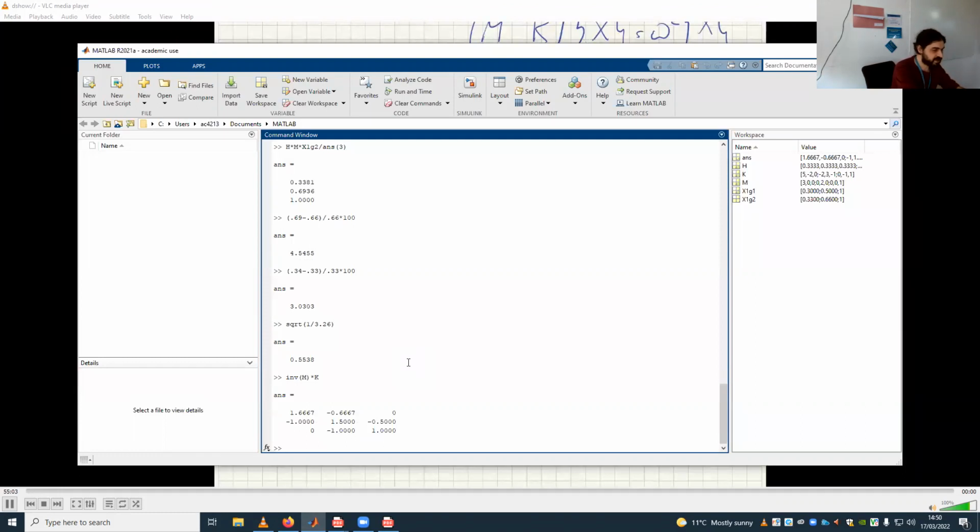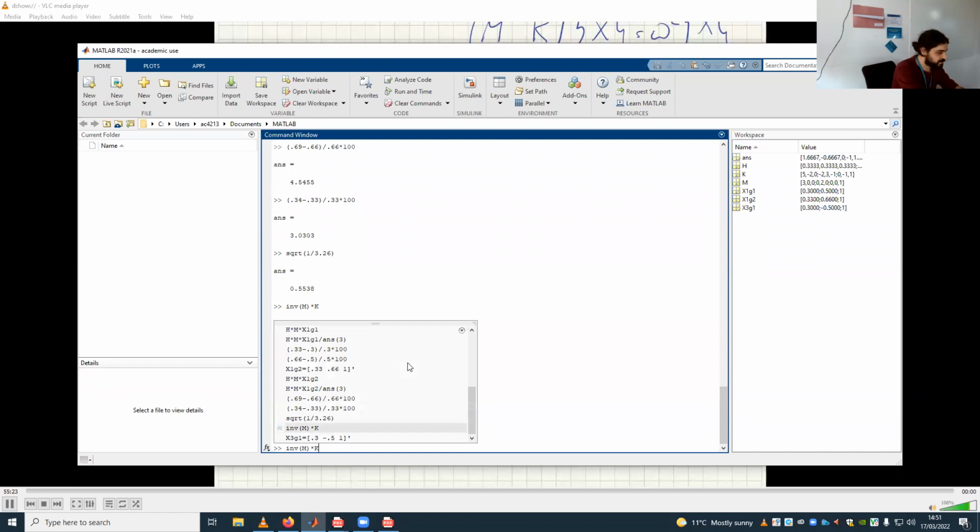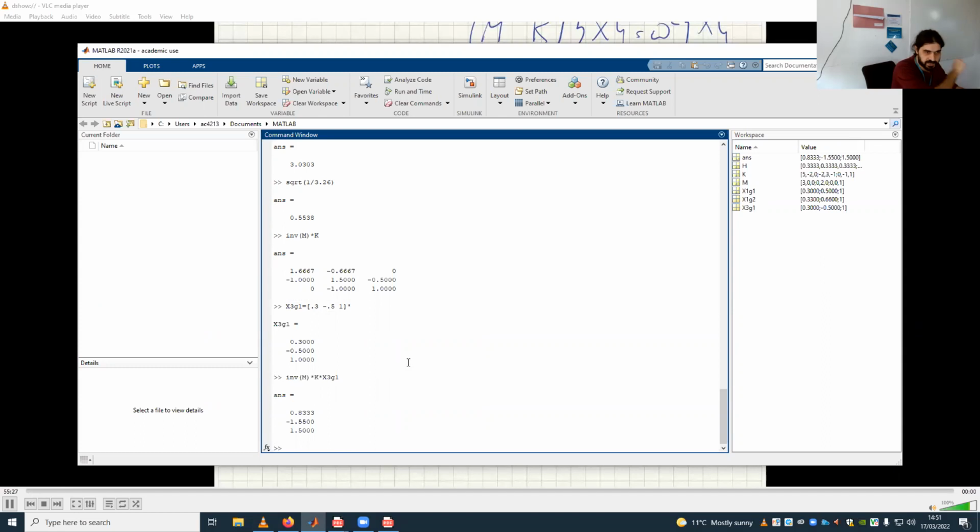Okay, yes. So this thing times the first guess, so x3 guess 1 was 0.3, 0.5, and 1. So minus 0.5 and 1. So we have this times x3.